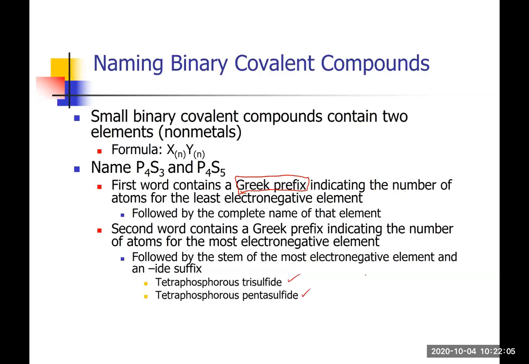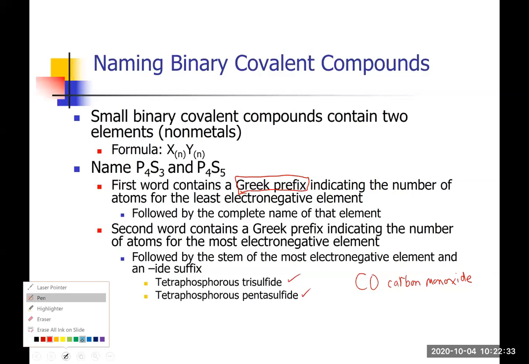And one that I want to show you is one that you probably know, and that is carbon monoxide. Now notice we don't say carbon monooxide. We drop that extra O, like that earlier slide had a little note about on the bottom when we introduced Greek prefixes. And also notice something else that's unusual here.